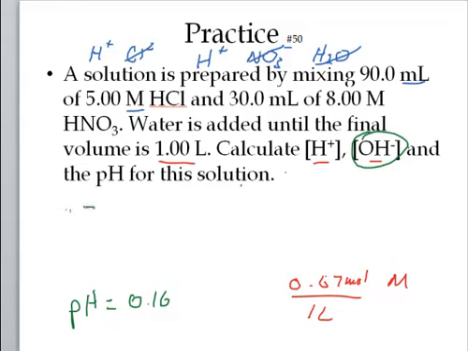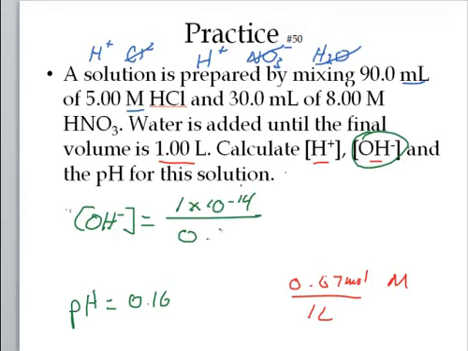And so I know the OH concentration equals 1 times 10 to the minus 14th divided by 0.69, and that's going to equal 1.44 times 10 to the minus 14th.